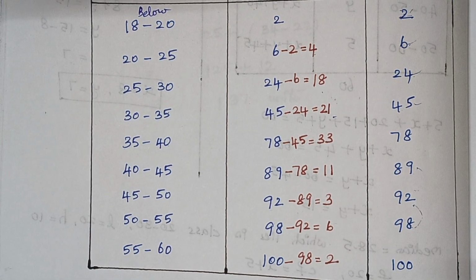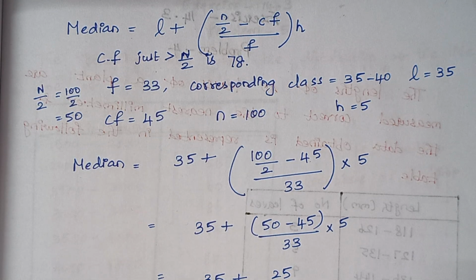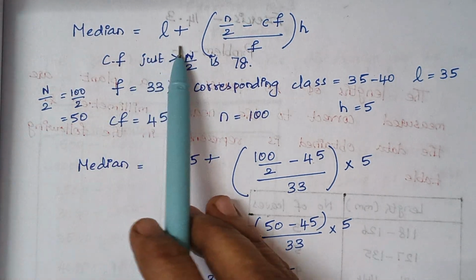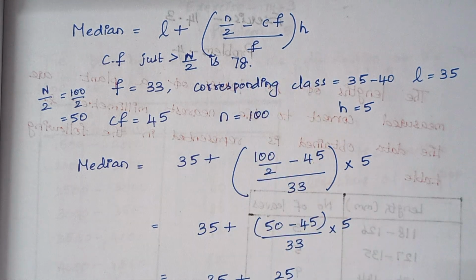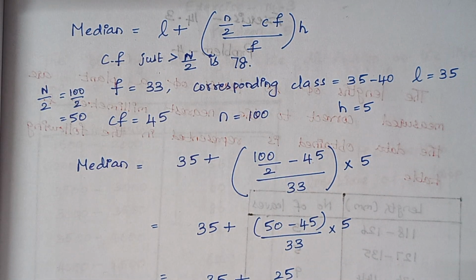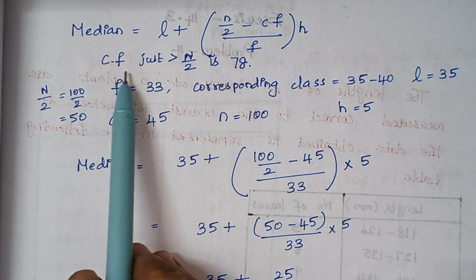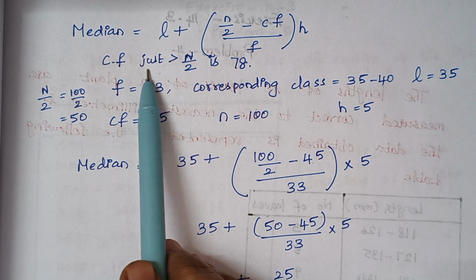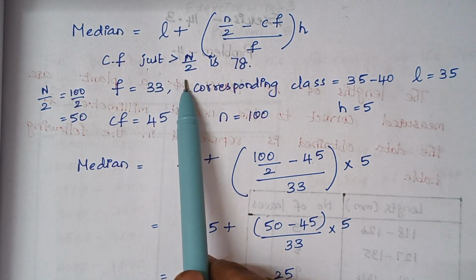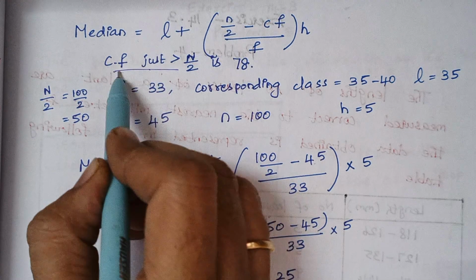Now we will proceed to calculate the median. The median is given by the formula L plus n by 2 minus Cf by f into h. Regarding the median, the cumulative frequency just greater than n by 2 is considered. This is mandatory.